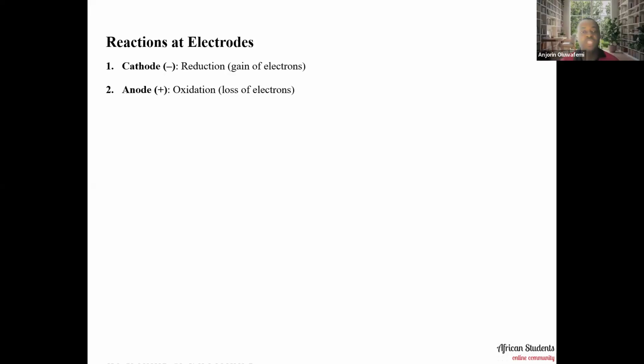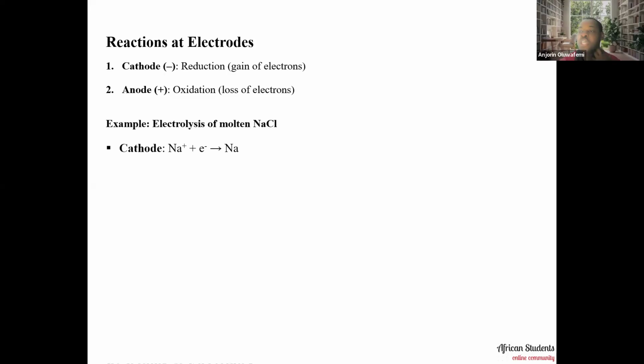And what happens here is oxidation, which is the loss of electrons. So we have a loss of electrons at the anode, and an oxidation reaction or process will always take place at the anode. Okay. Now, example, electrolysis of molten NaCl. This is what happens at the cathode.